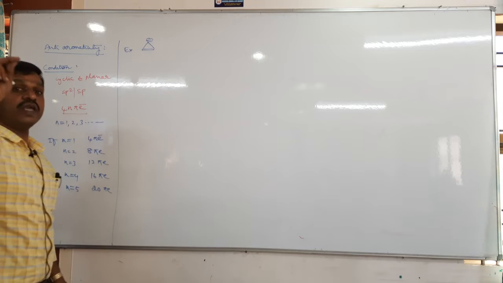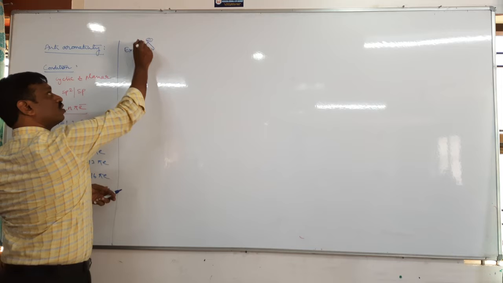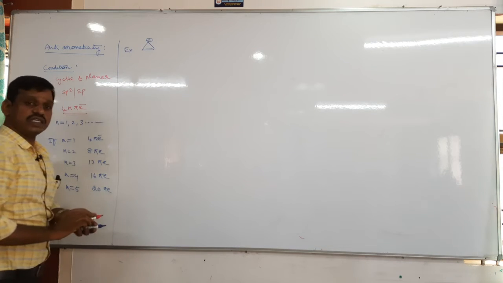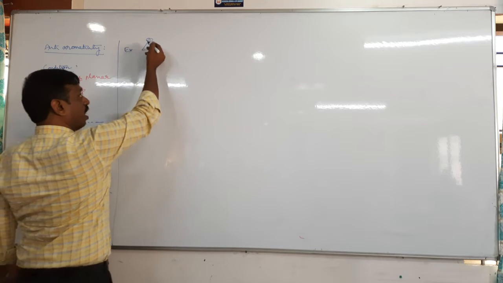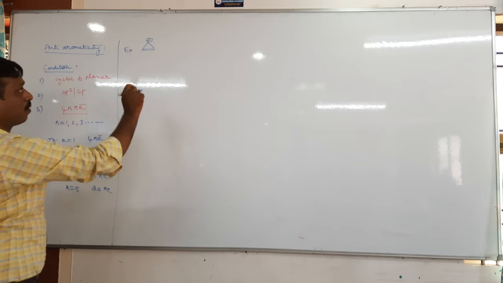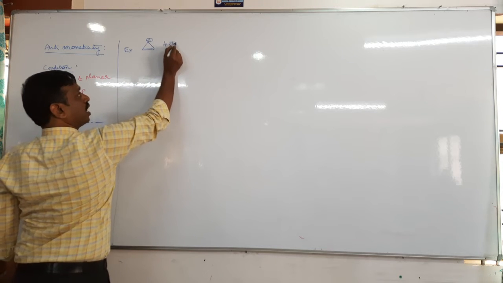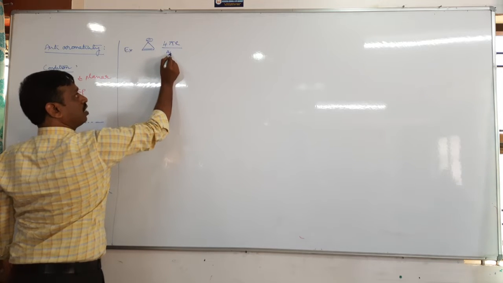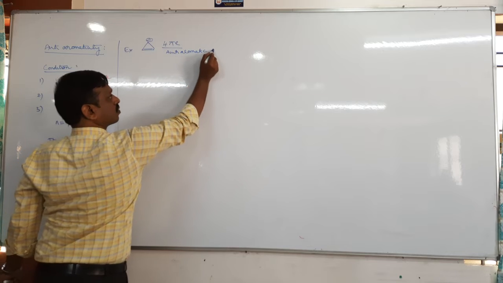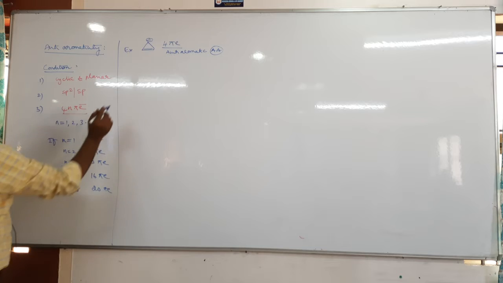Actually a carbanion should be sp3, but it is involved in resonance, therefore this electron pair is not involved in hybridization, so all are sp2. How many pi electrons? Here 2, here 2, so 4 pi electrons, therefore it is anti-aromatic. Next, one more example.